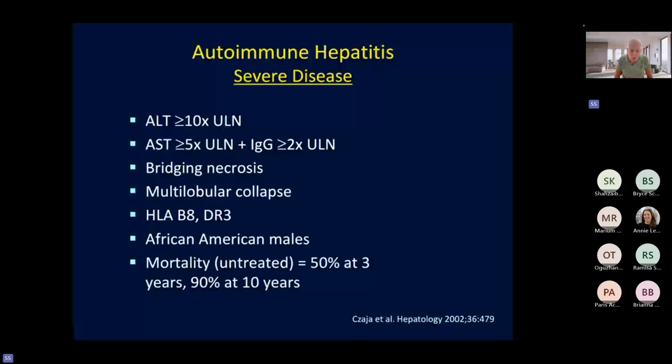Associated with bridging necrosis, a collapse of the hepatocellular lobule. Again, the DRB1 subtype is shown here, and the highest risk group appears to be African American males. In this group, mortality untreated is very high, 90% at 10 years if patients are not treated.